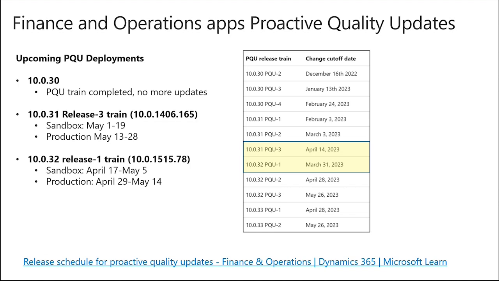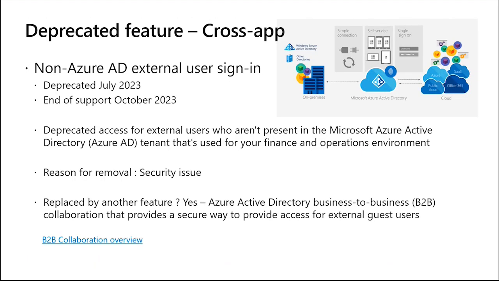If we can advance to the next slide, please. There's a couple of deprecation notices here to be aware of. The first one has to do with the ability to use external accounts to sign in. Finance and operations has the ability to basically allow users to sign in even when you're not a part of the current Active Directory, and that is being taken away.